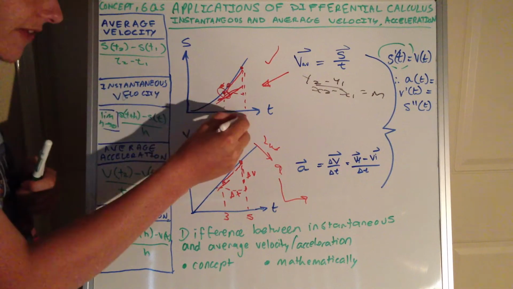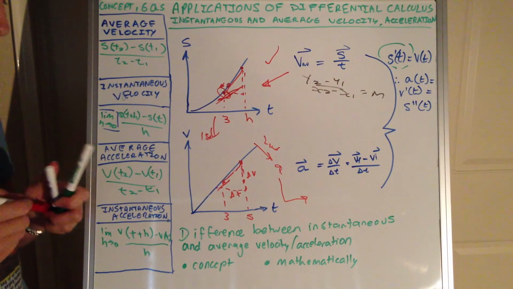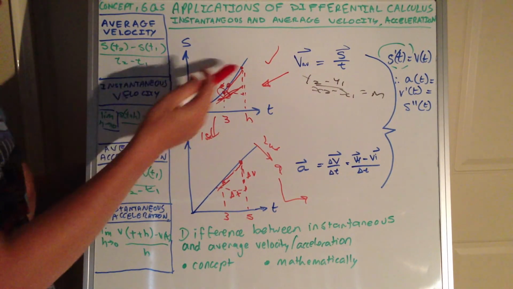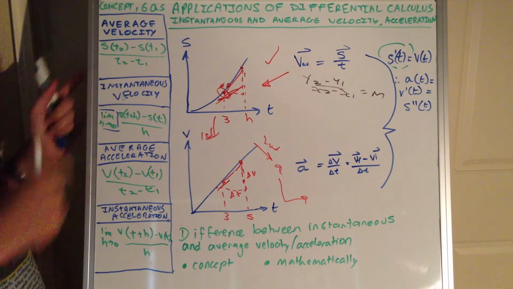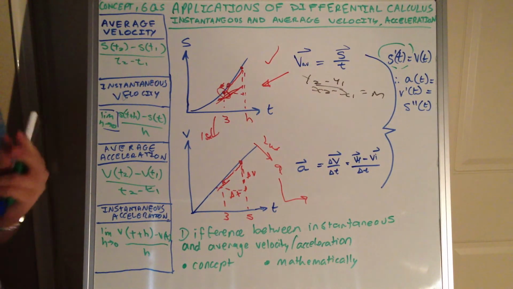It may be an unknown value, like h, for example, and h isn't approaching 0. h would be an actual value in that case, and you're finding the average velocity between those points.